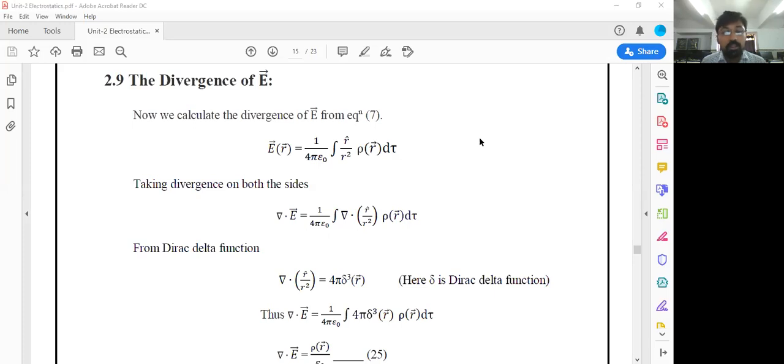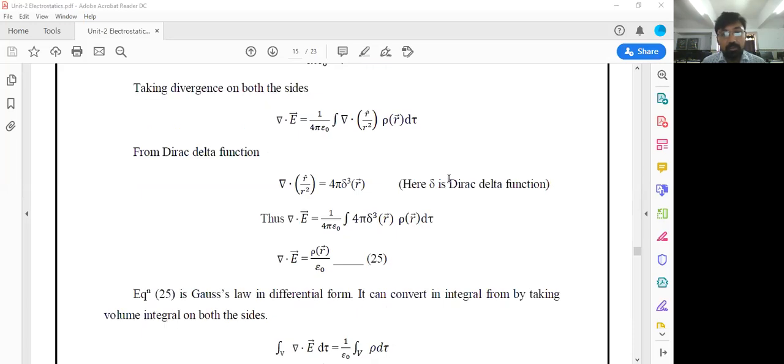Now from the Dirac delta function, we have the relation that del dot r cap upon r square has the value 4 pi del cube r, where del cube is the Dirac delta function. So we can put this value in the above equation.